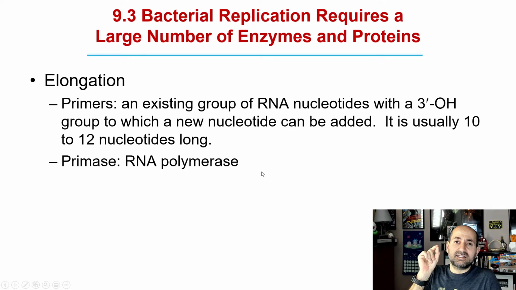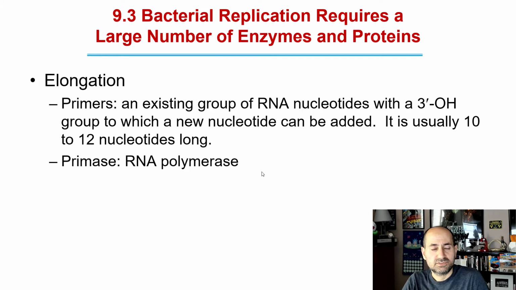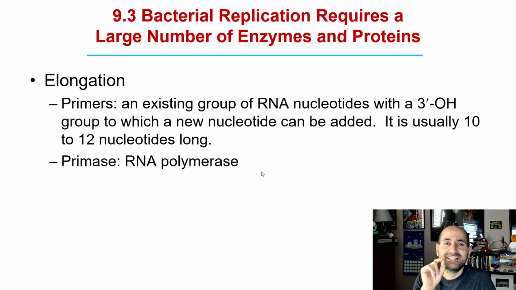If you don't recall this concept from Biology 1406, please watch that video I posted in the card earlier in this video, because I explained that DNA copying cannot occur without an RNA primer laid down first. In order to copy DNA from a template to a daughter, you can't just copy from scratch. You need to first put down an RNA primer and then feed off of the 3' end of that RNA primer.